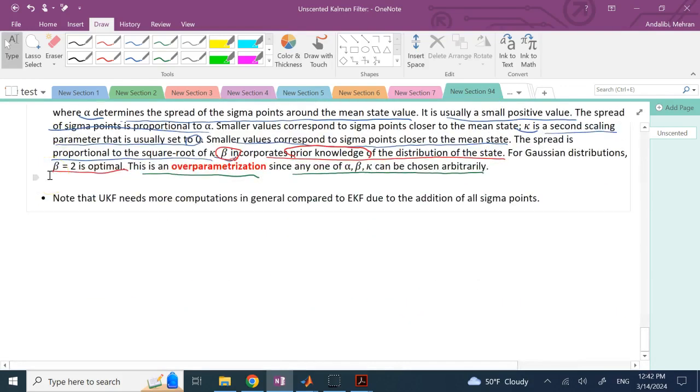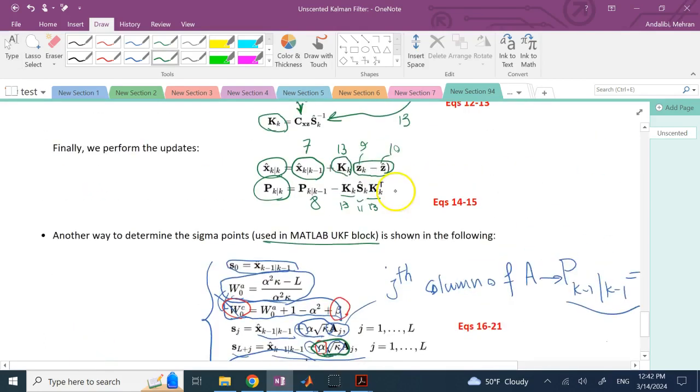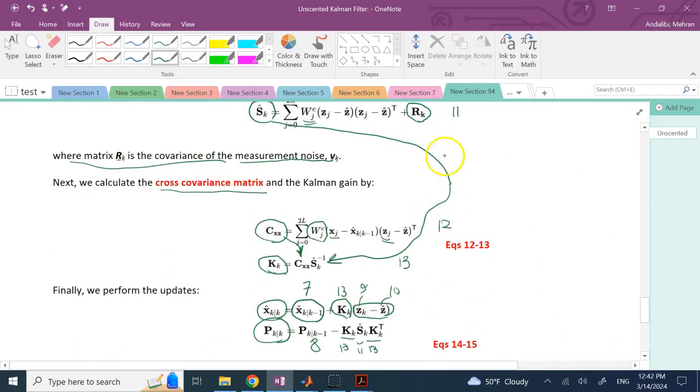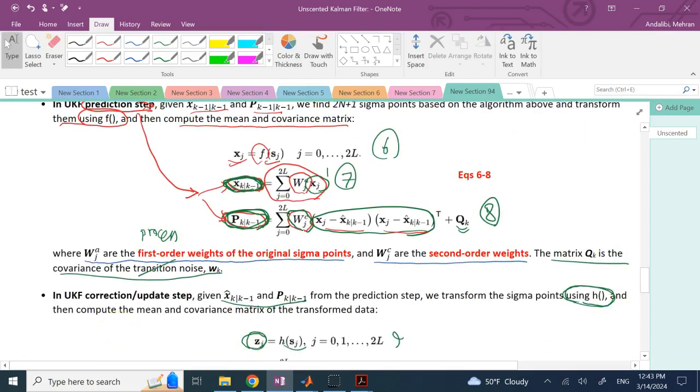Okay, and before I jump into my MATLAB demo, I need to tell you something. Clearly, although UKF does not need direct computation of Jacobians, as you saw, the selection of sigmas, transformation of sigmas, and the prediction and correction steps have way more equations and way more operations to do.